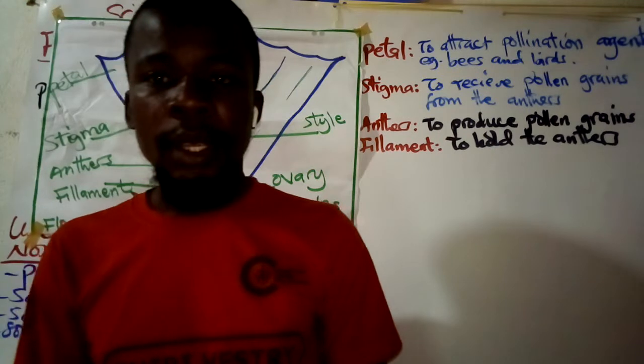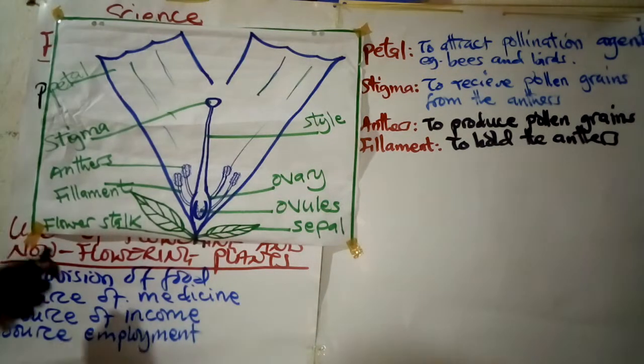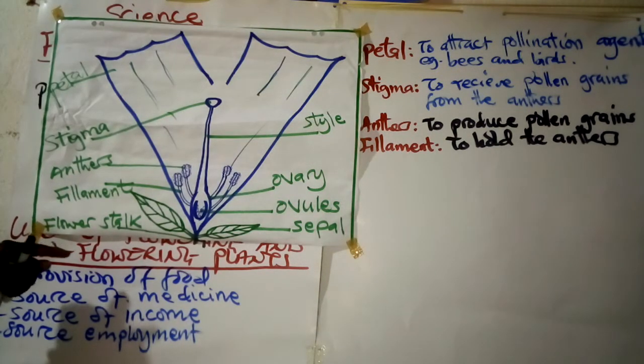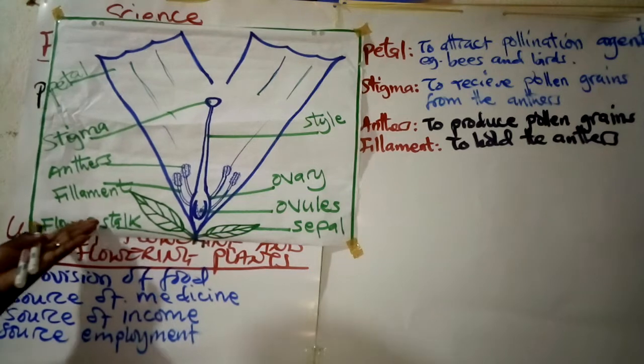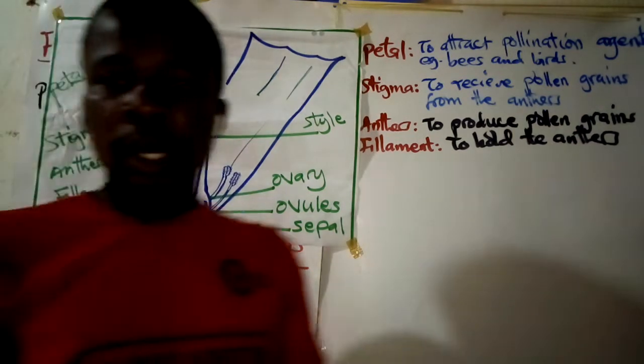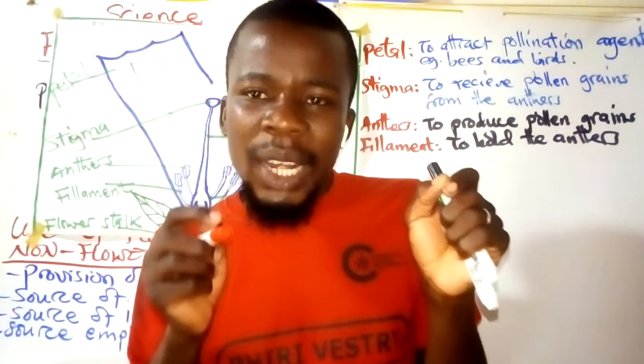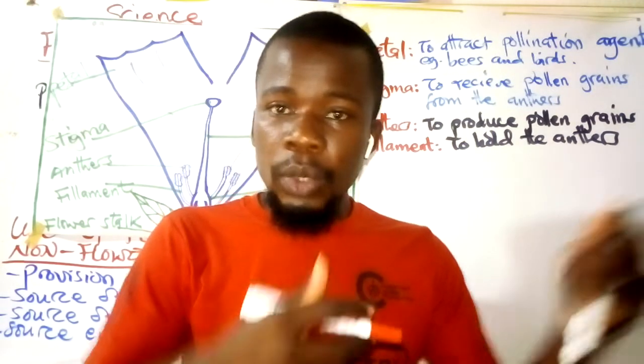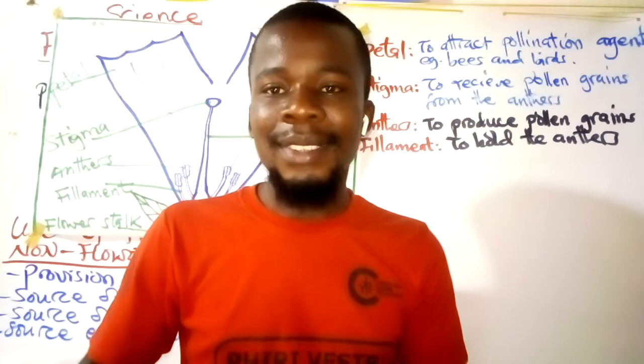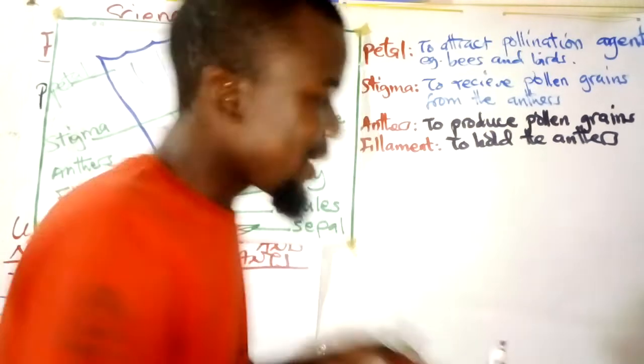All right. Let's now look at the function of the flower stalk. The function of the flower stalk is to connect the flower to the whole plant.